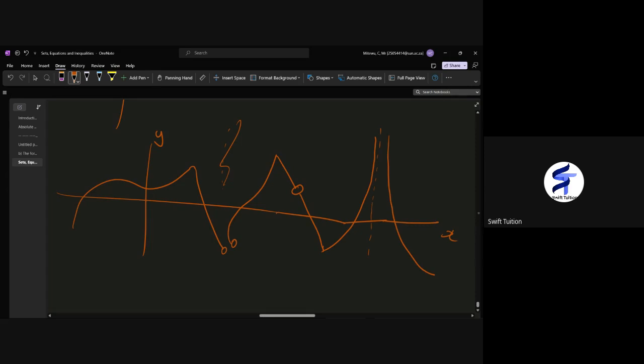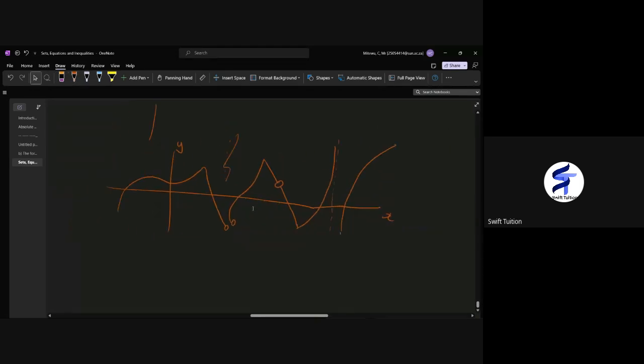The limit is typically as we're approaching a specific x value. There are also infinite limits and limits to infinity, but let me not confuse you with those for now.